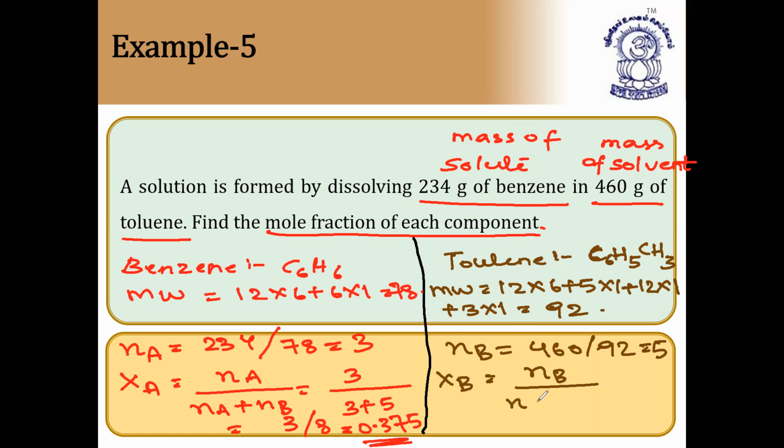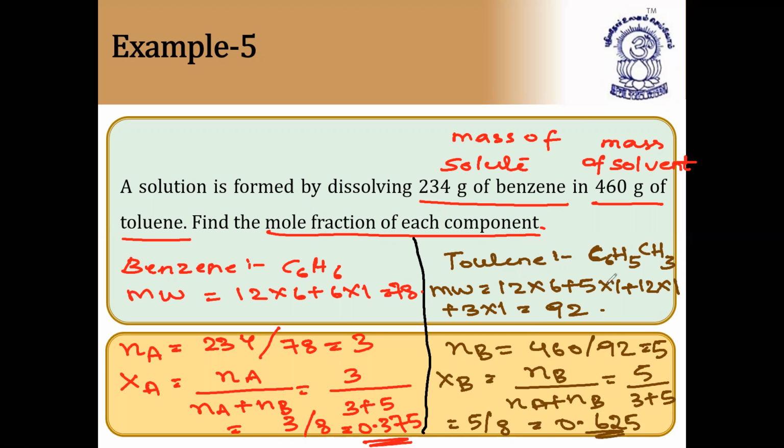So straight away applying the formula, 1 minus 0.375 means 0.625 you should get. Let us see, 5 by 8 it should be. 5 divided by 8 gives 0.625. As I already told you, if you know mole fraction of A, mole fraction of B is not required to find. So 1 minus 0.375 is 0.625. I hope this is clear.